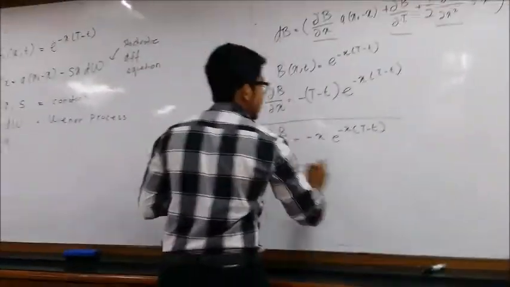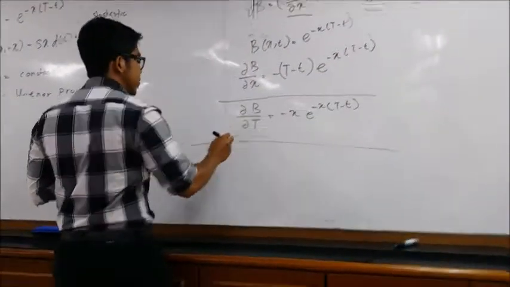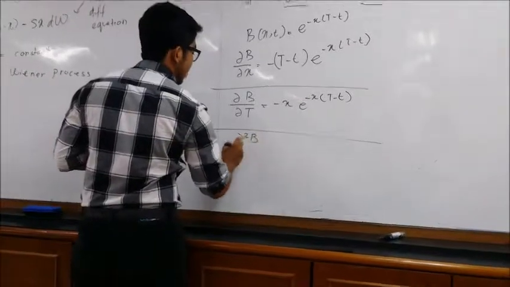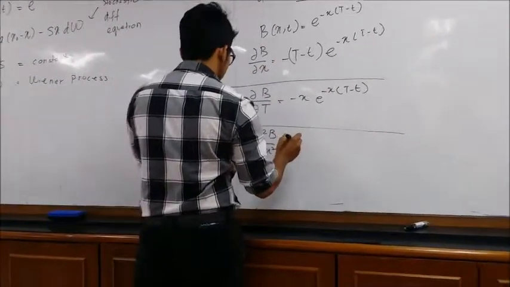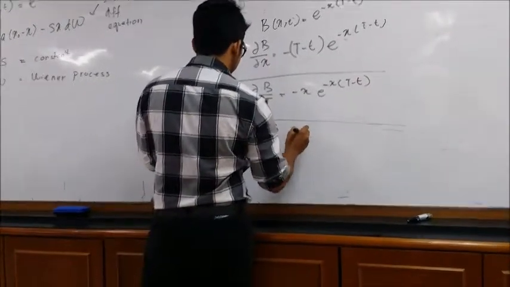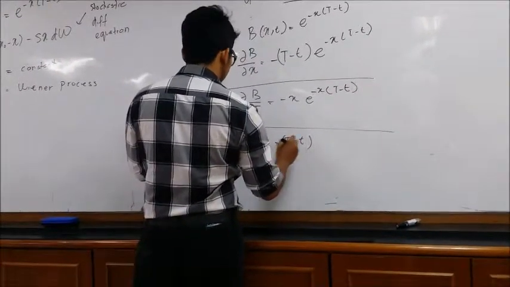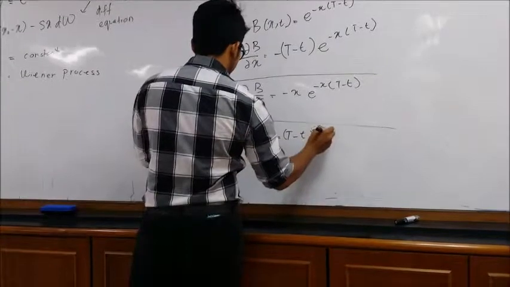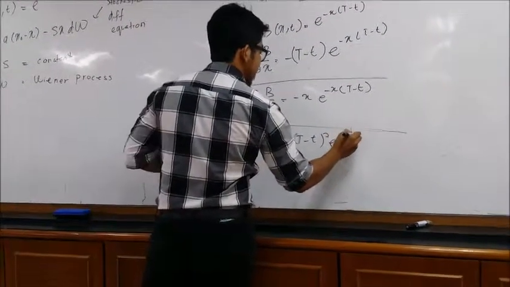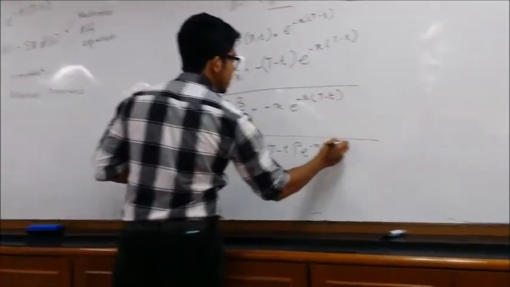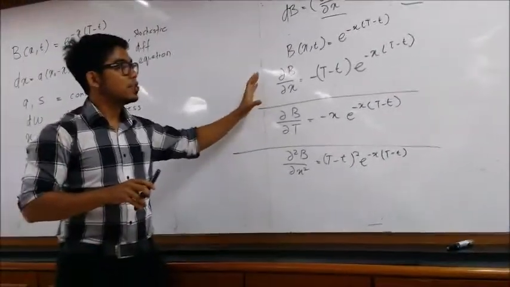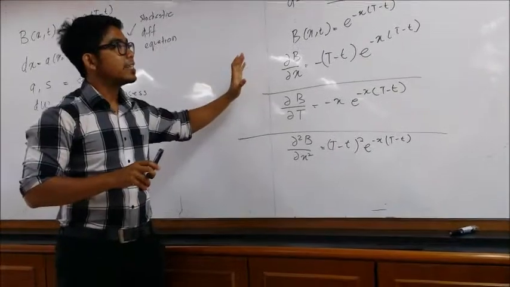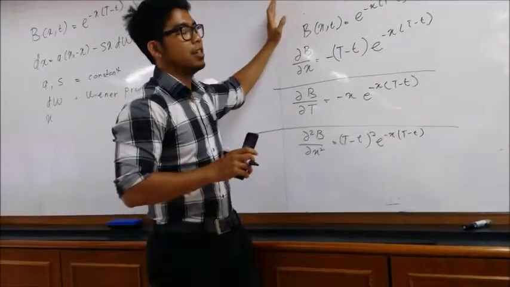And lastly, the second derivative of B in terms of x is (capital T minus t) squared times e to the negative x (capital T minus t). From these derivatives, we can substitute into this formula, into this process.